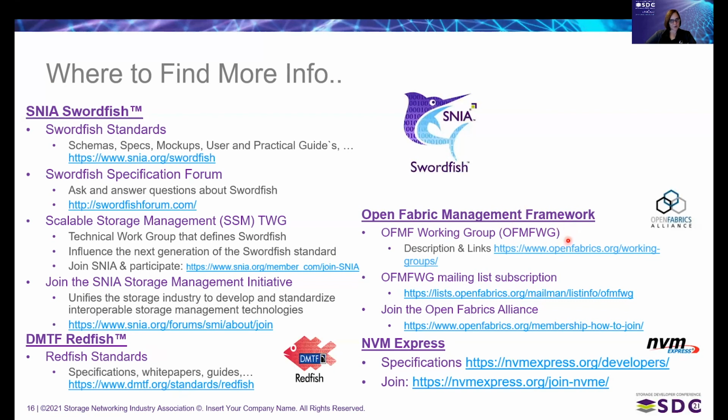If you go to the OFA site, which is openfabrics.org, you can look for all of the related links for this work group. And then for NVM Express, all of the specifications and information can be found at nvmeexpress.org/developers.